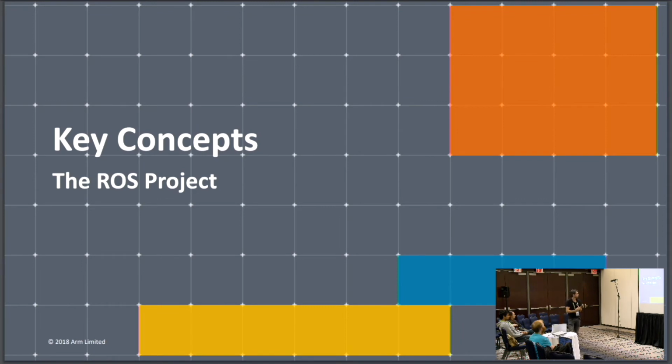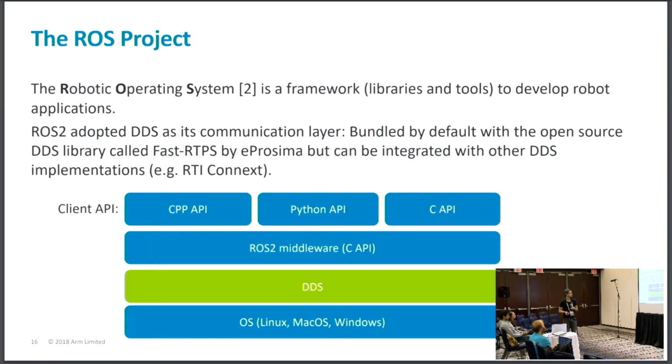Well, like I said, I was going to talk a little bit about the ROS project because that's where this library was born from. The ROS project is a robotic framework, actually. It's not really an operating system. It's a bunch of libraries and tools that can be used to create robots.